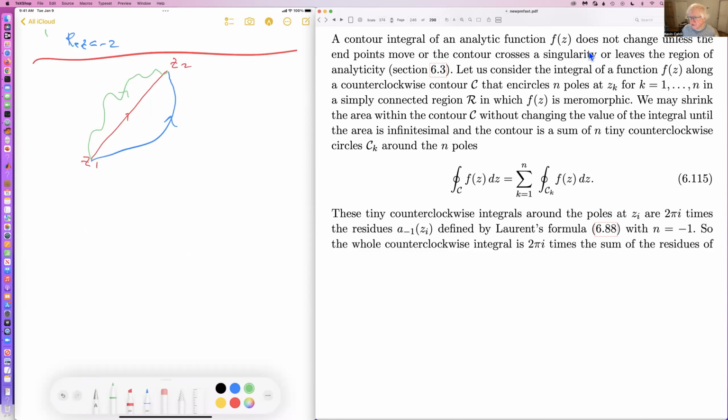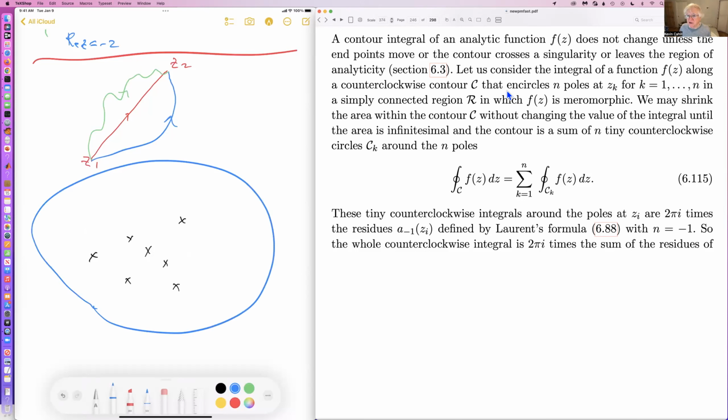So we can consider an integral of a function f of z along a counterclockwise contour that encircles n poles. Here, let me put the poles in here. Maybe one over there. And now we're going to have a contour that looks like that.